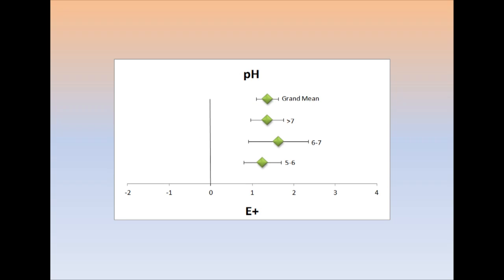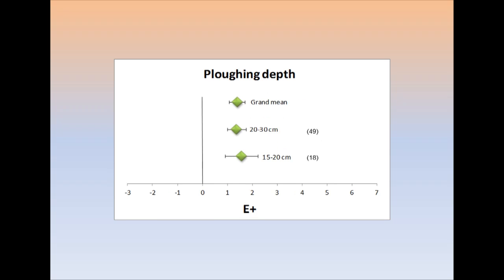Okay, pH was not that important. Plowing depth within the conventional made no big difference either, which basically means that if you have turning action, it is detrimental to your worms.